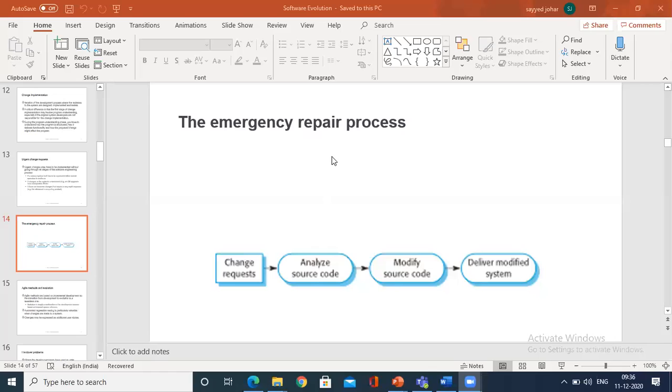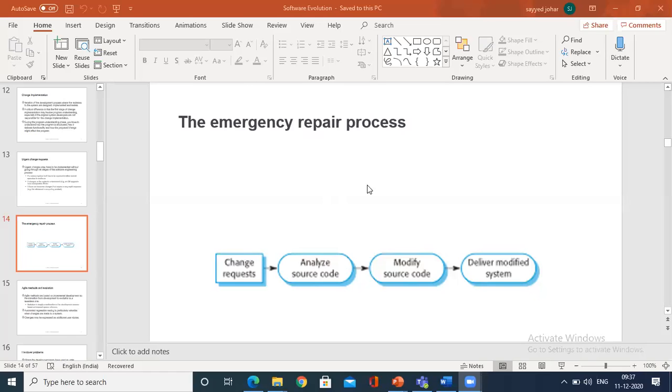So emergency repair, maybe it is on deployment or on live running data. Got it? So the product has been evaluated or it has been delivered. Some sort of emergency repair may not have been identified during the testing process, or may not be part of our software requirement design, or may not be part of the software requirement specifications.